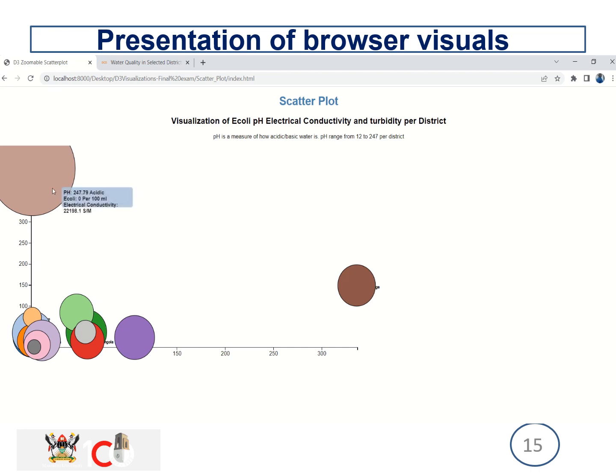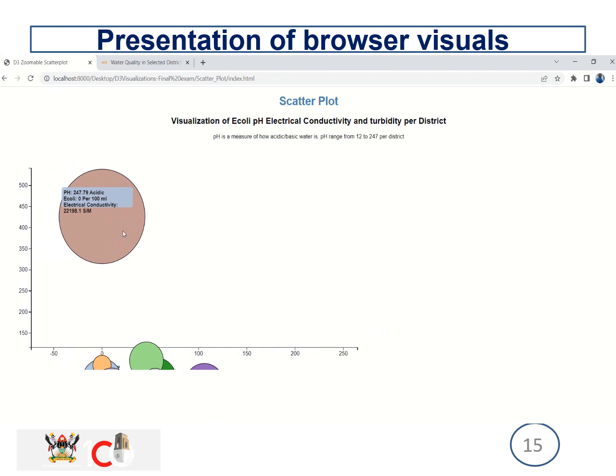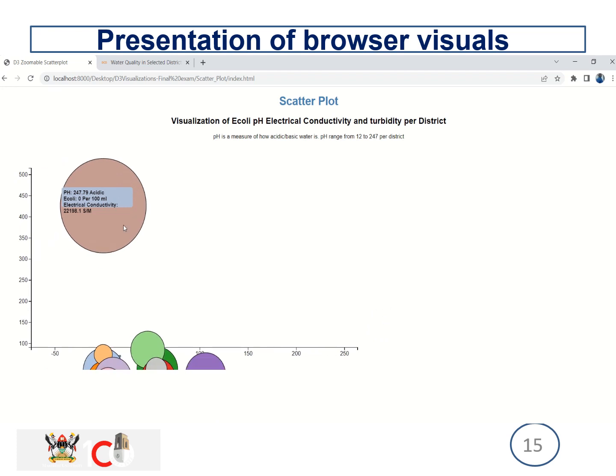As you can see in this district here, the pH is 247 acidic, the E. coli is 0, which means there is no E. coli registered or captured within this district. Electrical conductivity is 2198 Siemens per meter.